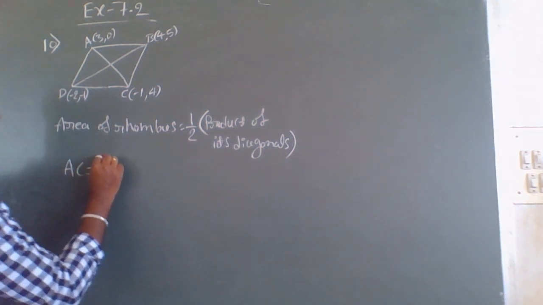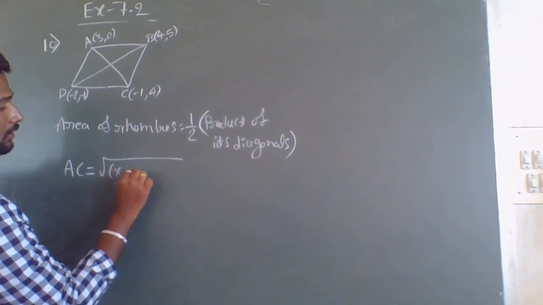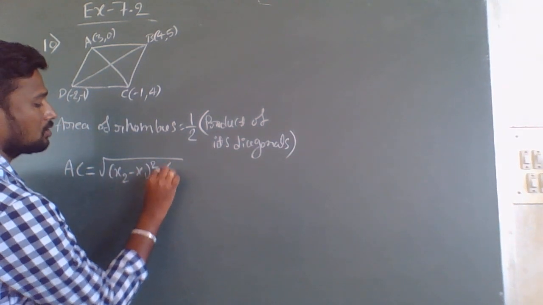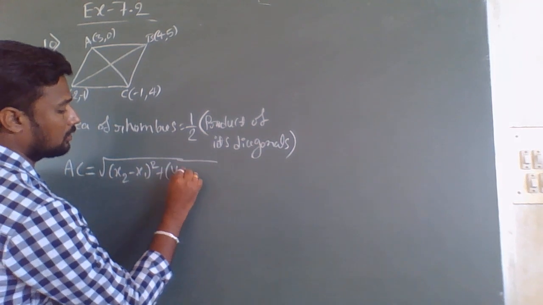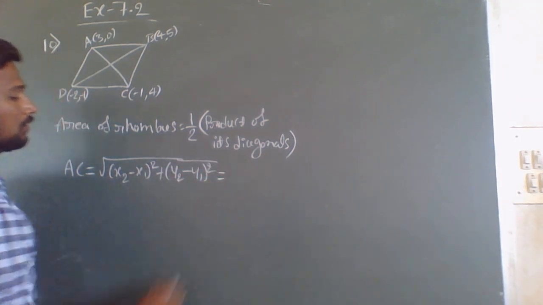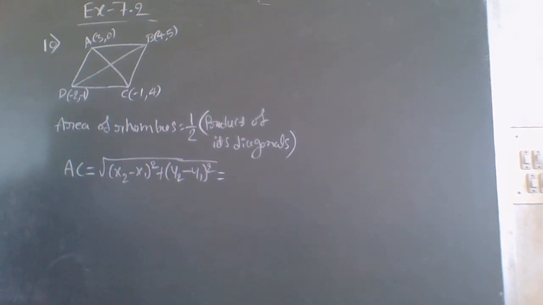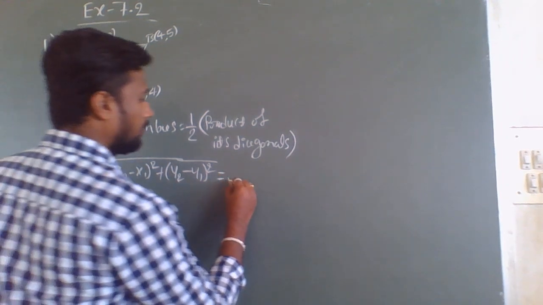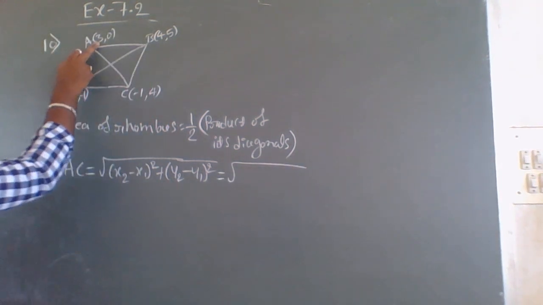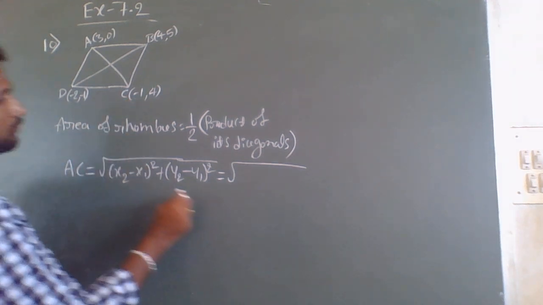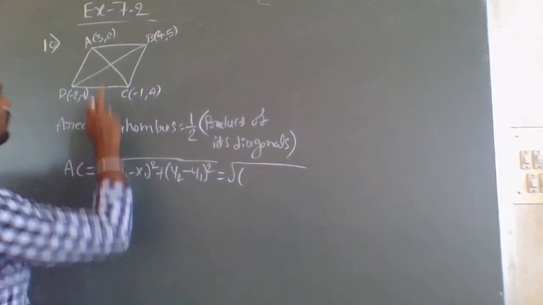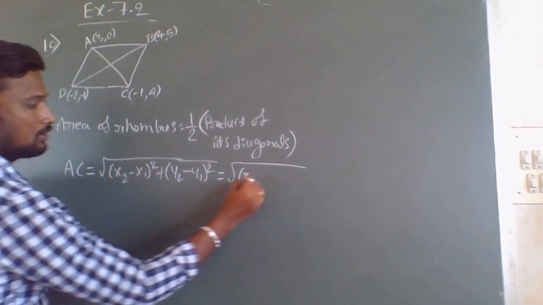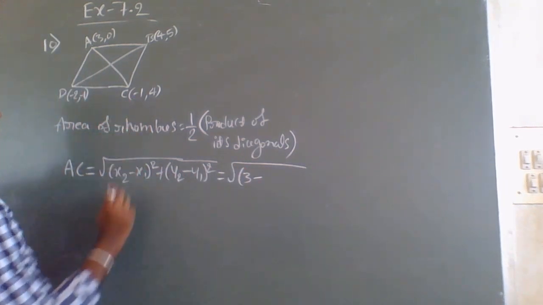What is that? Square root of x2 minus x1 whole square plus y2 minus y1 whole square. Here we will consider 3, 0 as x2, y2 and this minus 1, 4 as x1, y1. So here I will write 3 minus of minus 1, where x2 value is 3 and x1 value is minus 1.